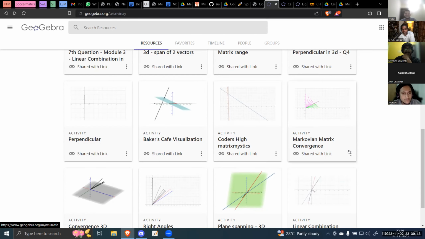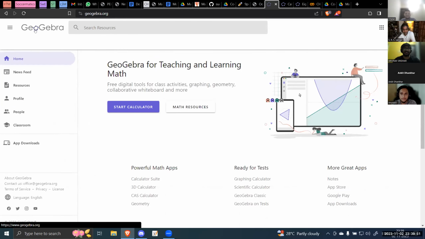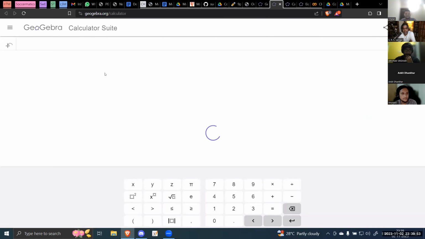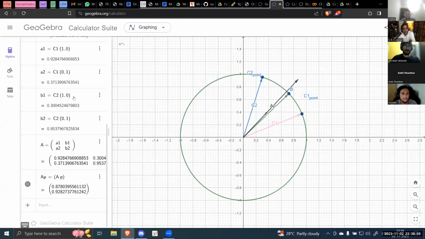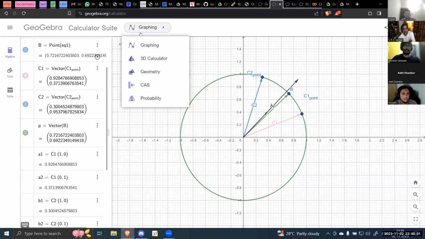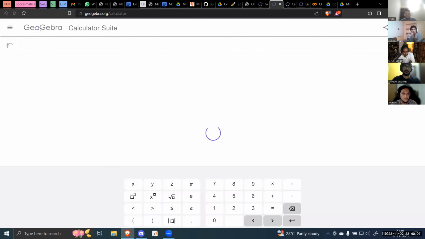Okay, so create a new entry here. The Markovian that we did is the same thing that I'm going to say right now. Start calculator. Create the matrix 1, 2, 3, 4. Maybe new file.